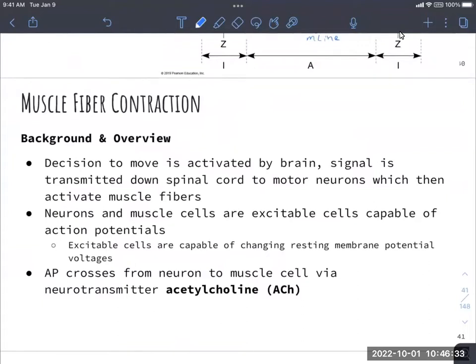So when our brain tells a muscle to do something, our brain will send information down through nerves, through our spinal cord. The nerve will exit out of the spinal cord and go to whatever muscle we're trying to move. And the nerve will then tell the muscles, hey, let's work.